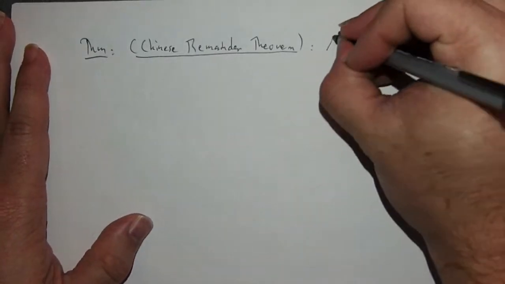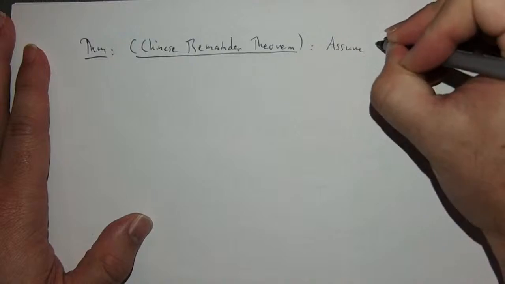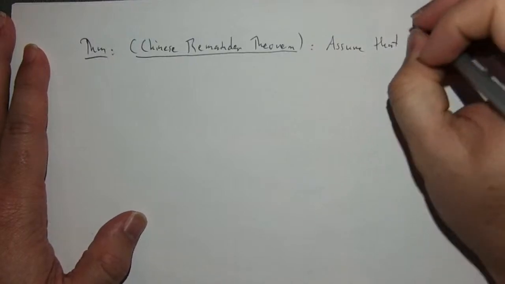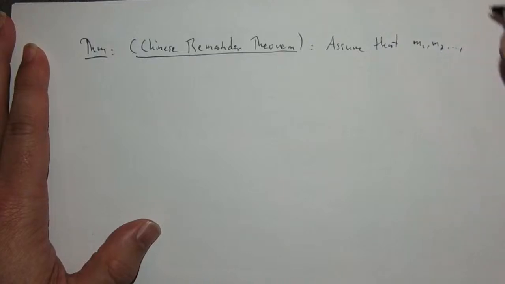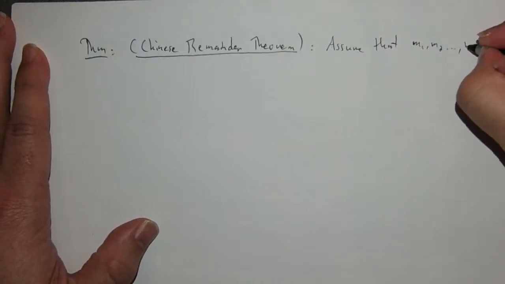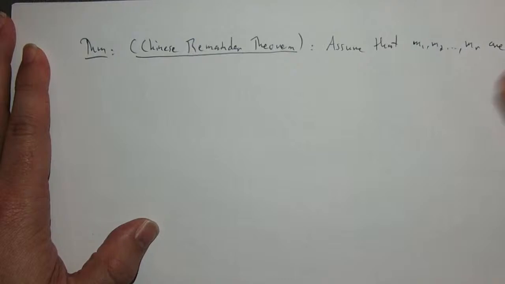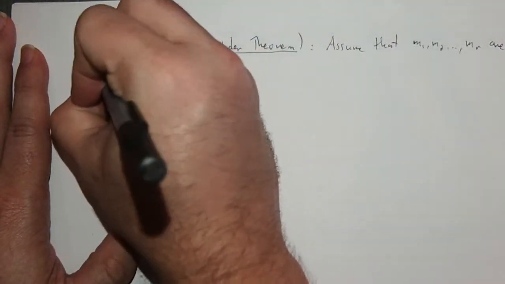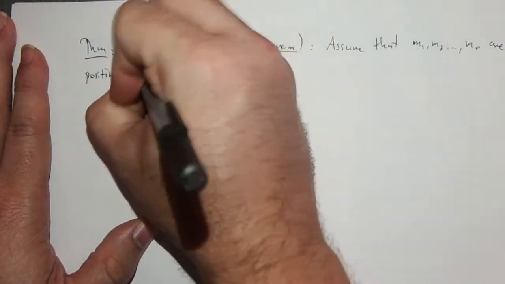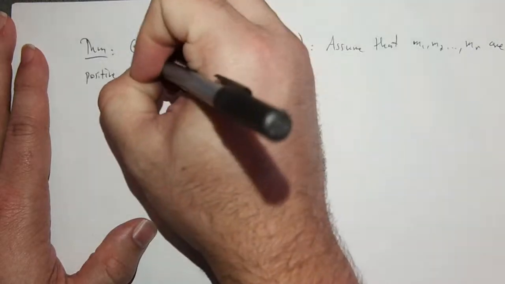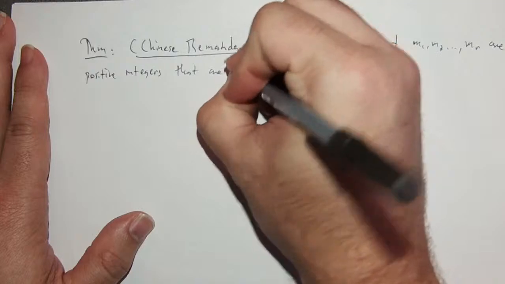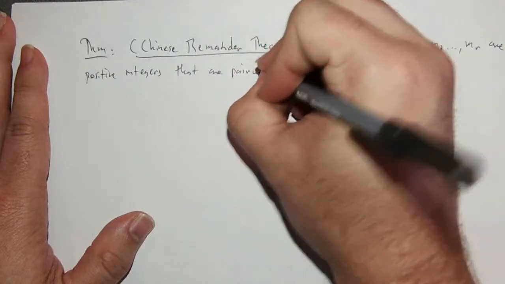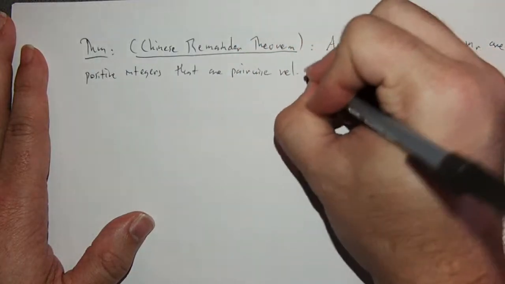So assume that m sub 1, m sub 2, and so on, all the way up to m sub r are positive integers that are pairwise relatively prime.